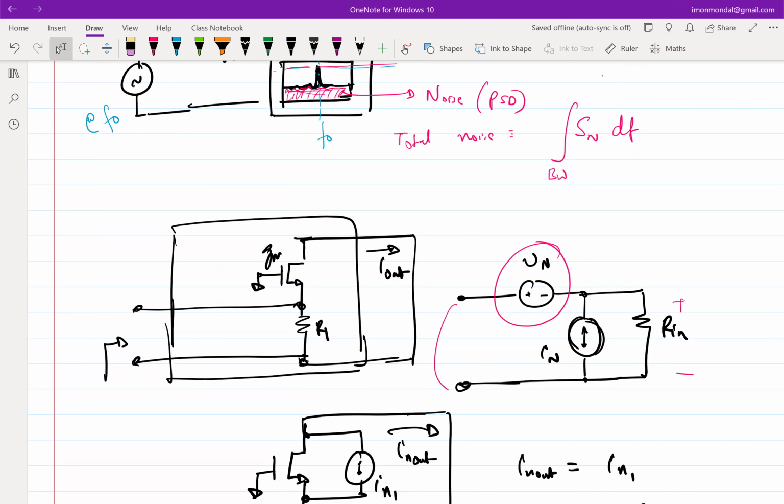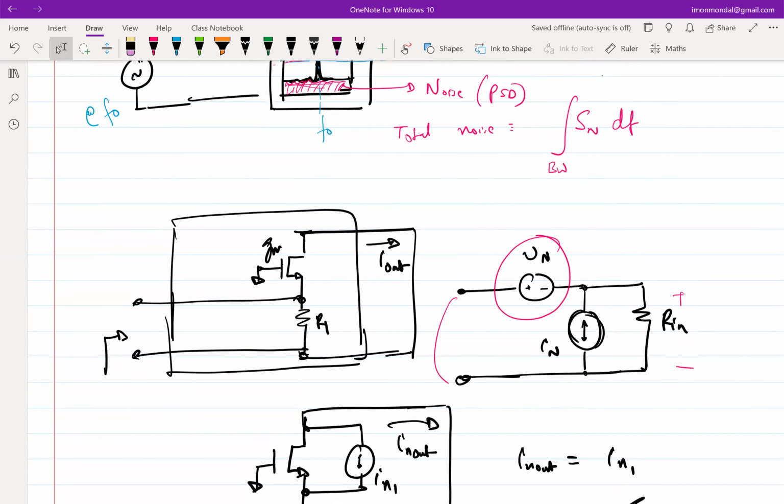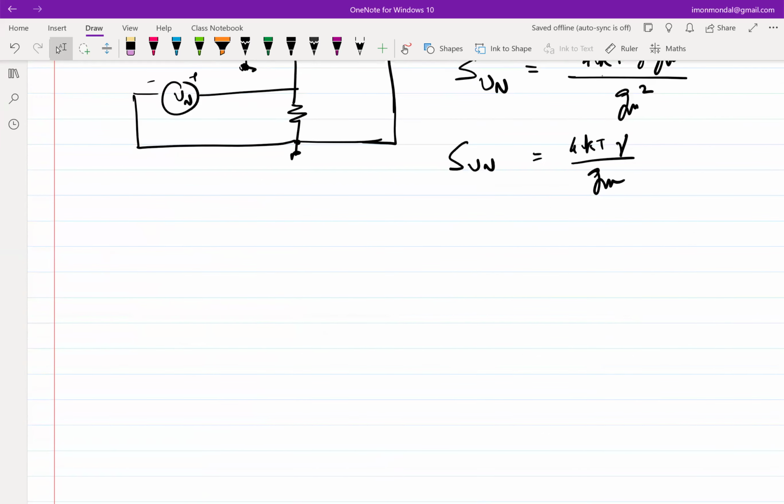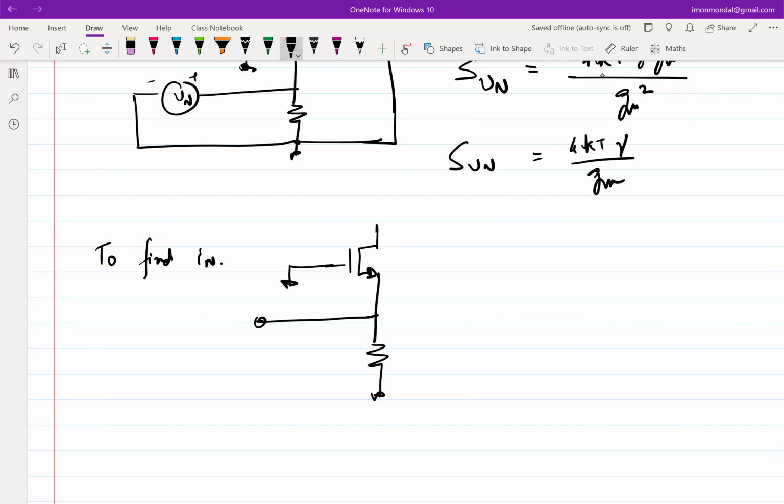So now I want to find out how do I model IN? What should I do? In the previous case, I shorted. Here I will open, right? So again, let's do this. To find, this will be opened.